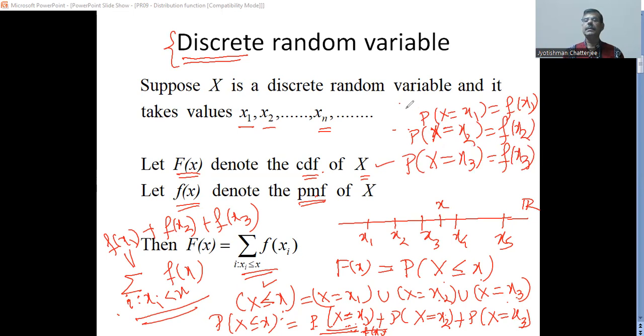We have these 3 things from definition, and when we replace those, we get f(x1) plus f(x2) plus f(x3), and that is the same as this summation. That's why this holds.